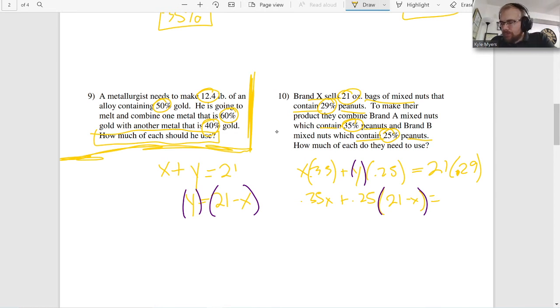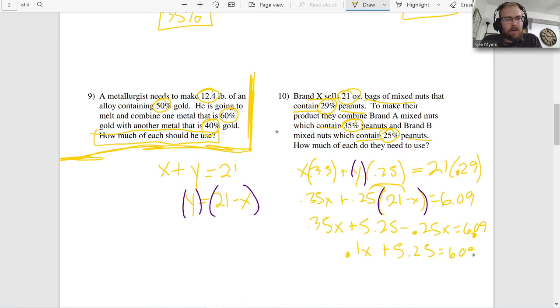All right, so 21 times 0.29 is 6.09. And then we have to distribute. Man, this one turned out to be super gnarly. 0.25 times 21 is 5.25, minus 0.25x, equals 6.09. Now 0.35 minus 0.25 is going to be 0.1, so 0.1x. Then 5.25 and 6.09, so we subtract 5.25 from 6.09.